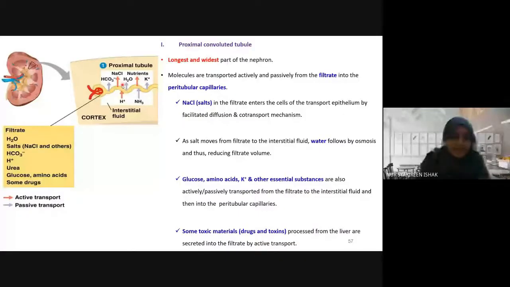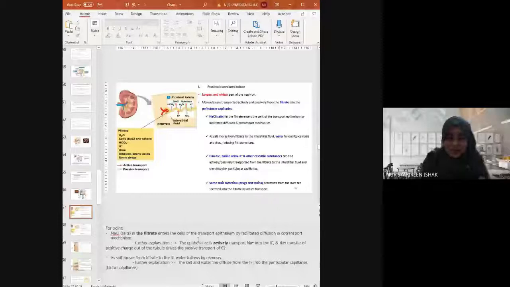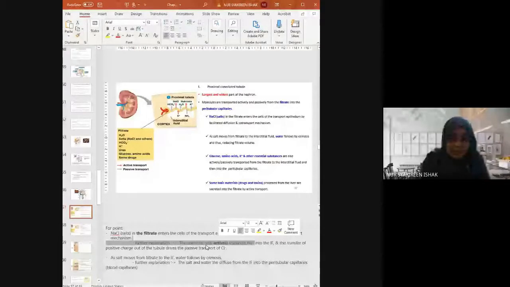So kalau kat sini awak tengok walaupun kat sini dia tunjuk active transport, sodium chloride ada terdiri pada dua ion, sodium ion and also chloride ion. Sodium ion, okay, kalau dicakap kat sini, you look at dia. So the epithelial cells actively transport sodium ion. Sodium ion akan keluar melalui active transport, tapi kalau chloride ion adalah melalui passive transport. Okay, along the wall of the proximal tubule, along the transport epithelium.